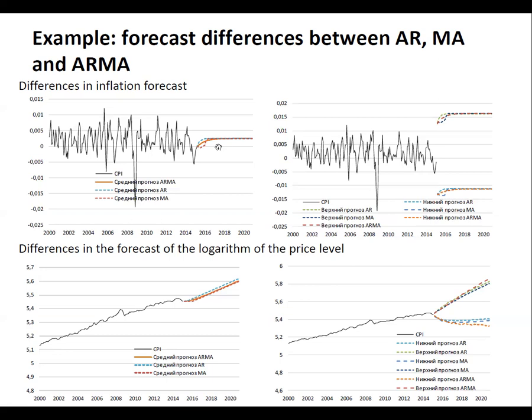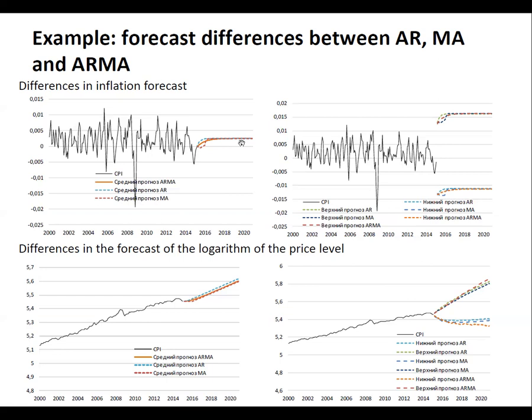It can be seen that they give almost the same thing, while ARMA is some kind of averaging between AR and MA models. Further, after a certain number of lags, the forecast for all three models practically converges. All the difference is only in the subtleties of the first three steps ahead.